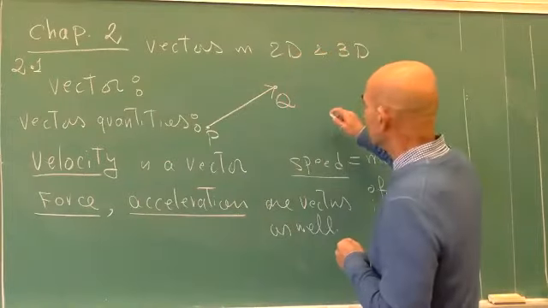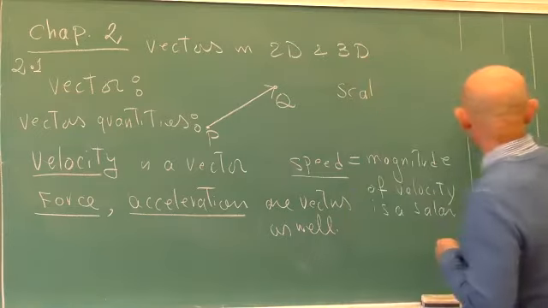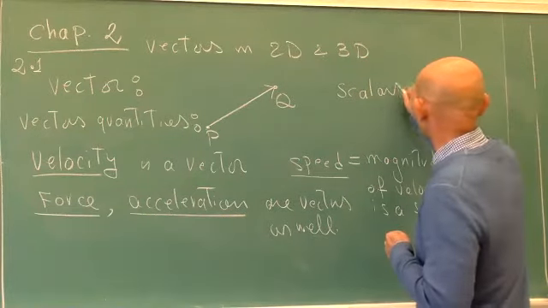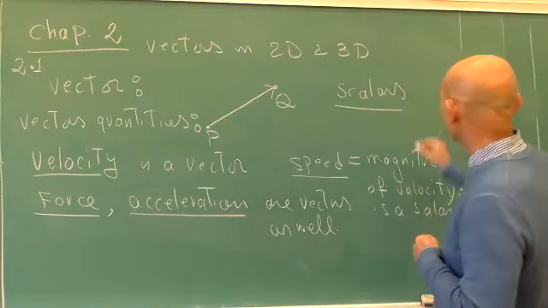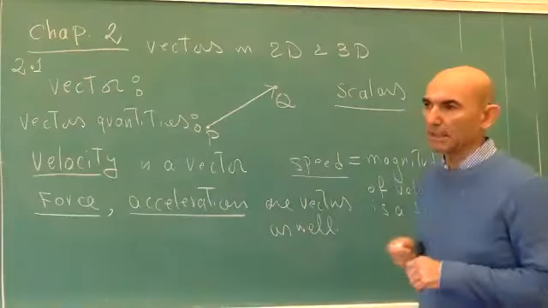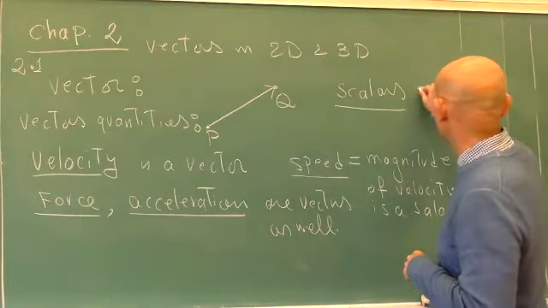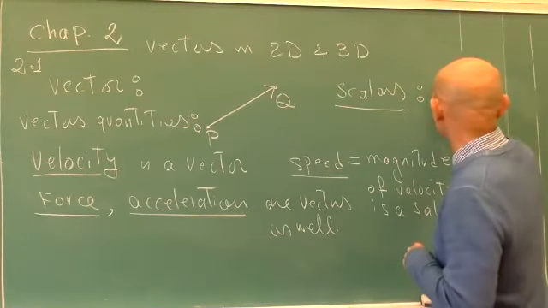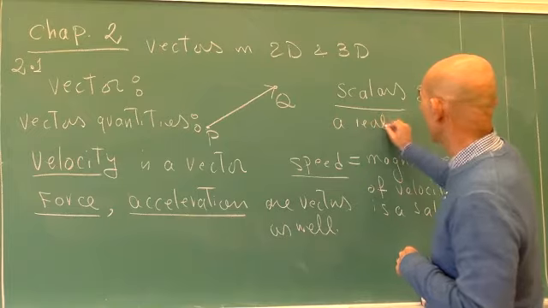So vectors and scalars. Okay. So scalars, it's just a number. It's just a real number. That's a kind of fancy way of talking about numbers. Just a number. I would say a real number for now.